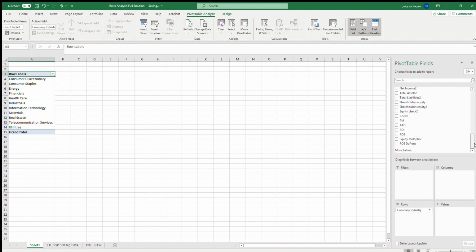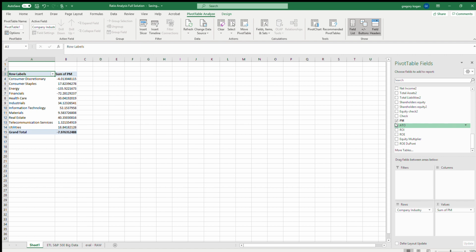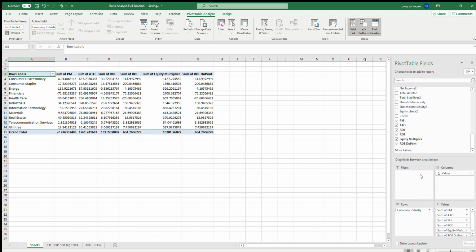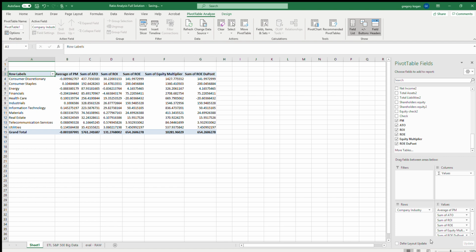And then we're gonna look at our ratios to see what is going on here. And keep in mind, we are looking for averages. Why averages? We are averaging the ratio by industry. We want to see what is the industry average for this ratio.